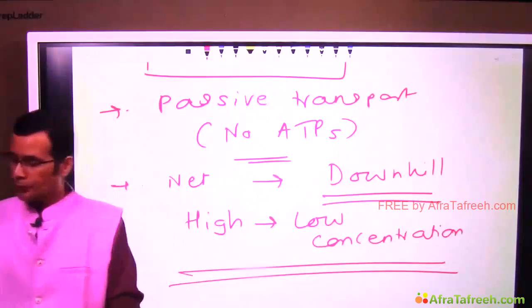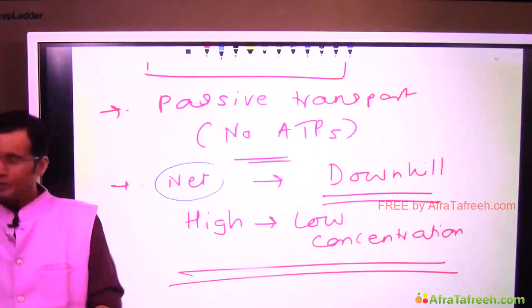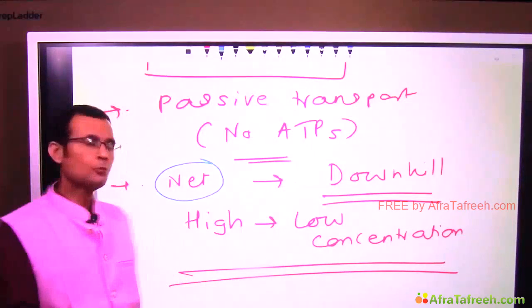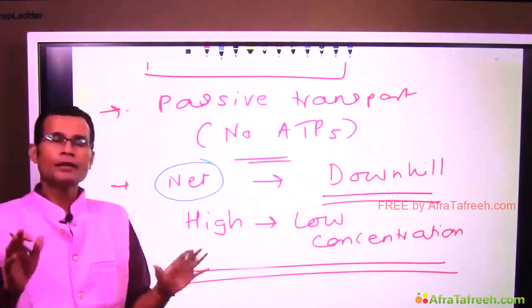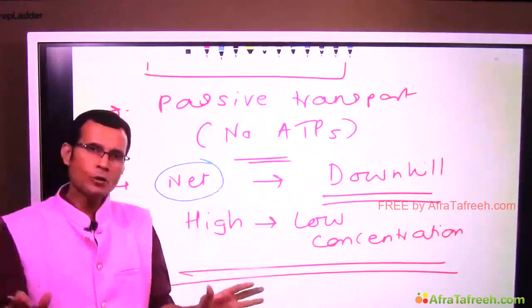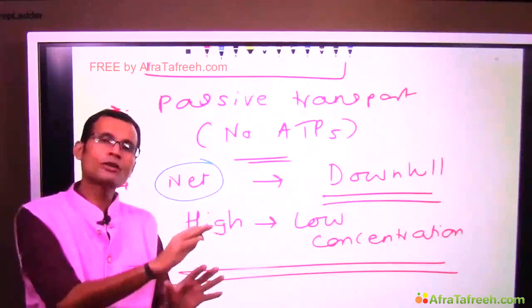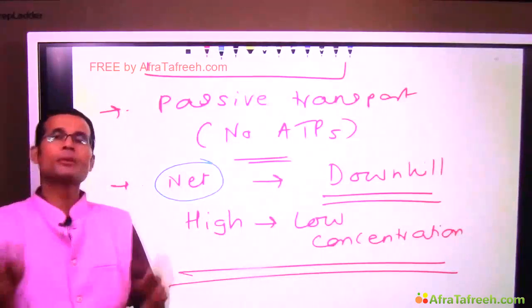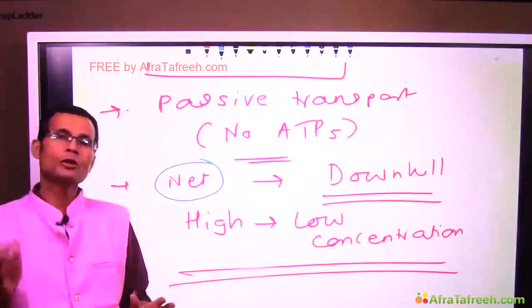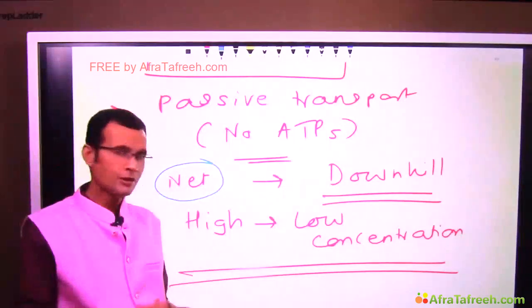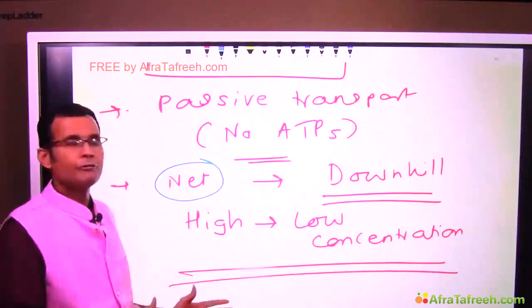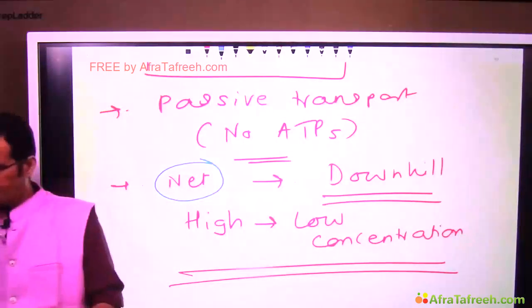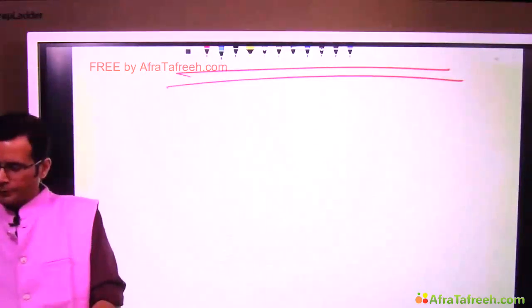Remember, I am using the term net diffusion, net transport. The point that I am trying to make is that diffusion can occur from high to low concentration or low to high concentration, but net will always occur from high to low concentration. Don't forget that. It's net diffusion which we are talking about, right?